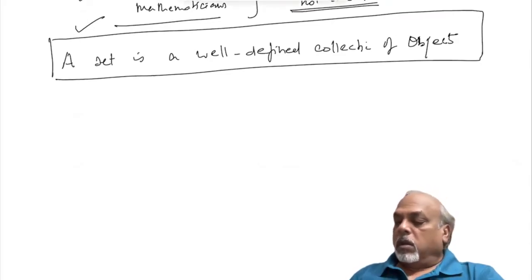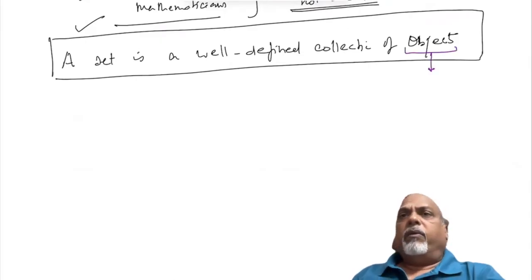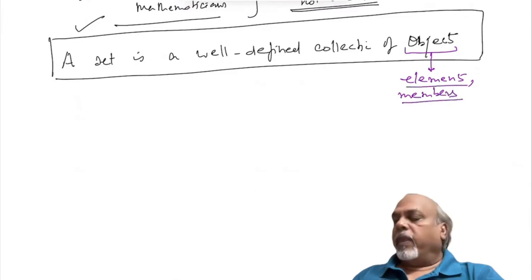Now, in place of objects, we can write elements or members. Depending on the set, we can use these terms. Correct?